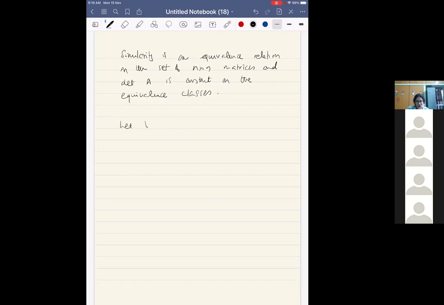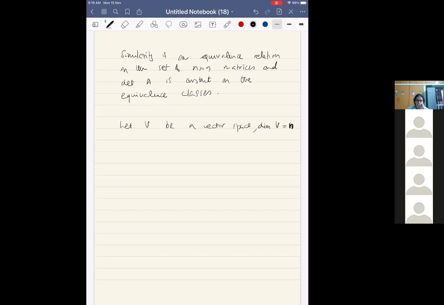Let V be a vector space, always real, because that's all we are dealing with, but that is almost irrelevant. Dim V is n. So whenever I write n, I mean n is an actual positive integer.